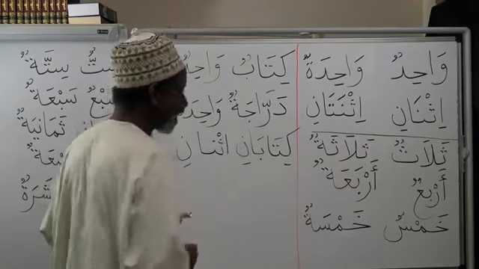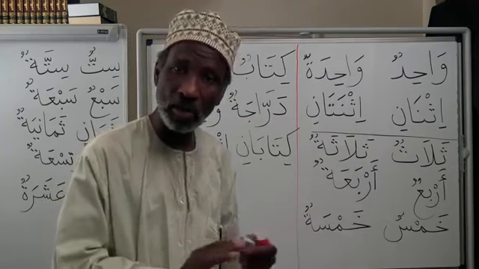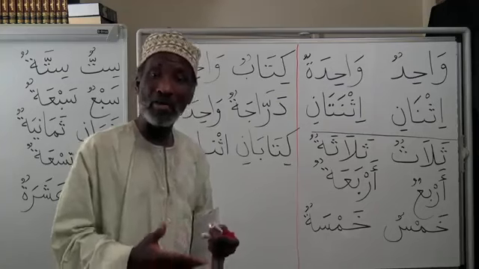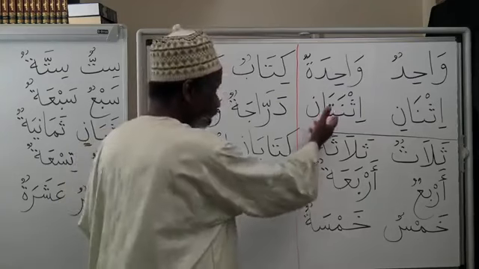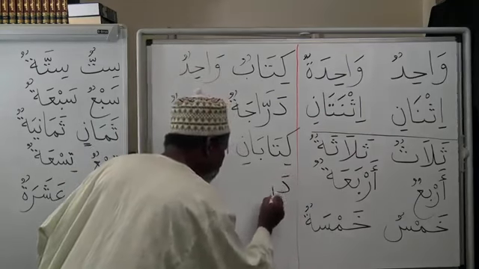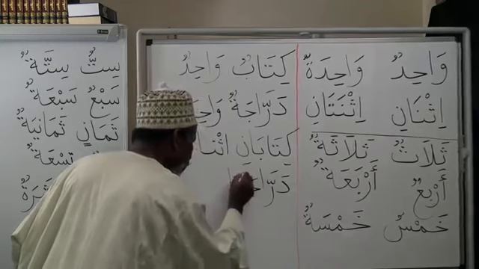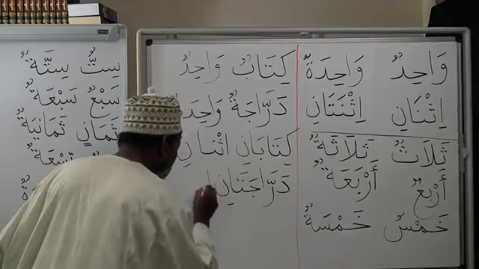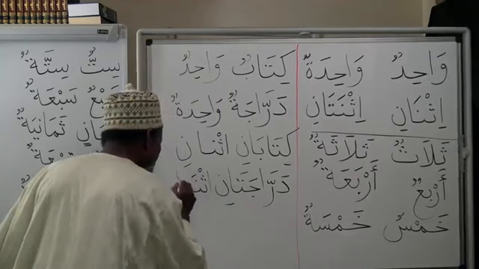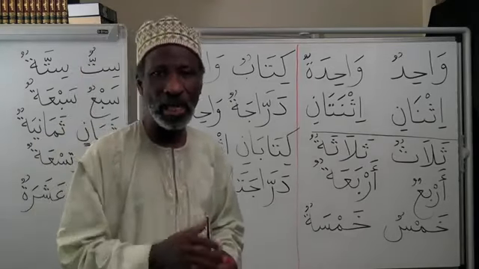If you want to say 2 bikes, you say darajatani, and that is understood and that is sufficient. But if you want to reinforce that, you say darajatani ithnatani. 2 bikes. So it's darajatani ithnatani.